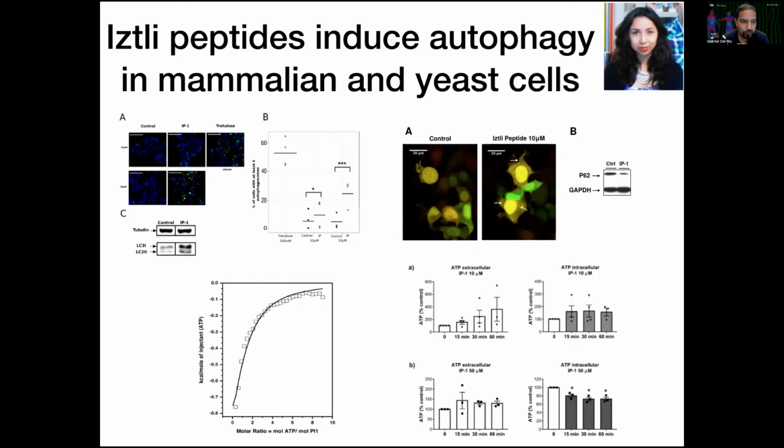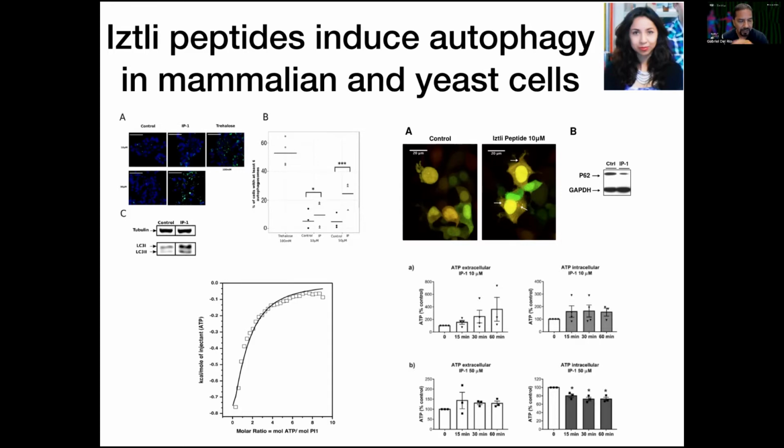And in order to prove this idea, Erika, whom you see on the top side of this slide, showed that indeed the Ishli peptide 1, which is one of the 4 that we tested originally, is capable of inducing autophagy in mammalian cells.